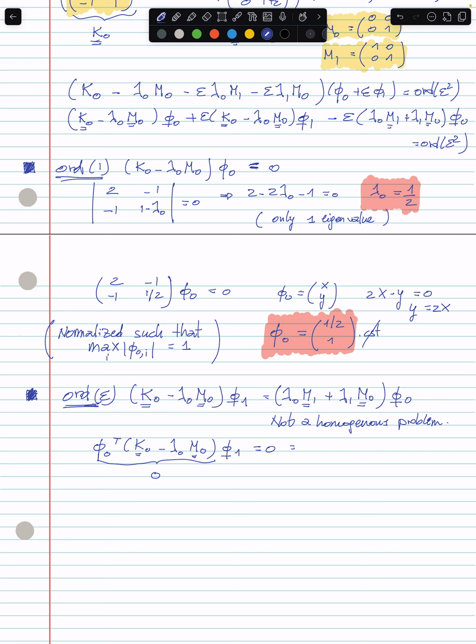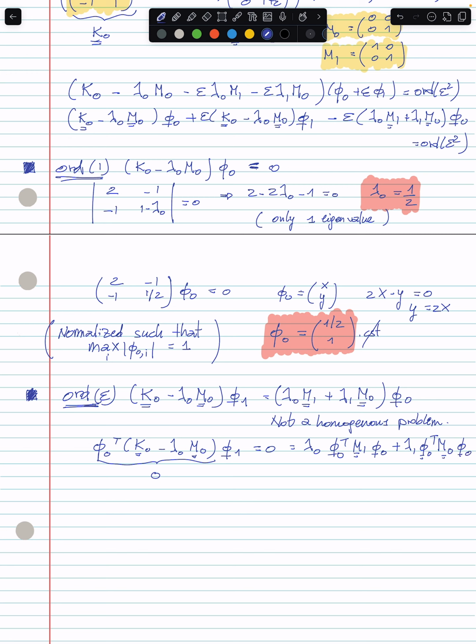And this is also equal to lambda 0 times phi 0 transposed m1 phi 0, because we multiply by phi 0 transposed left and right in the previous equation, plus lambda 1 phi 0 transposed m0 phi 0.